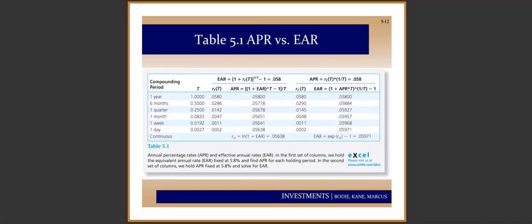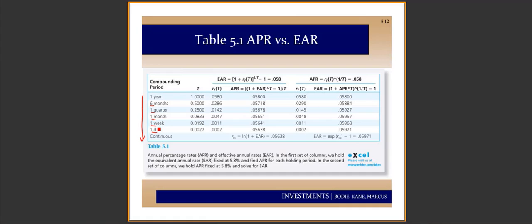I'm not very concerned about us understanding too much about continuous compounding, or more specifically applying continuous compounding. But I do want to point out one thing from this table. If you'll notice, as we go down this list here, we start with 1 year, right? So that would be annual compounding. And then every 6 months, that's semi-annually, quarterly, monthly, weekly, daily, okay?